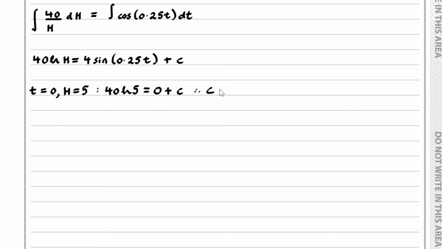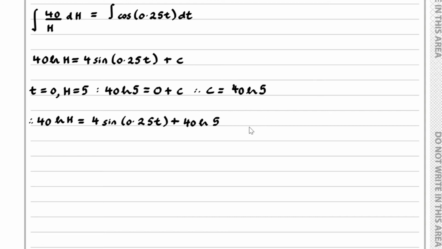And so therefore c is equal to 40 times the natural log of 5. And knowing what c is, we can therefore conclude that we have 40 times the natural log of h equals 4 sine of 0.25t plus 40 times the natural log of 5.